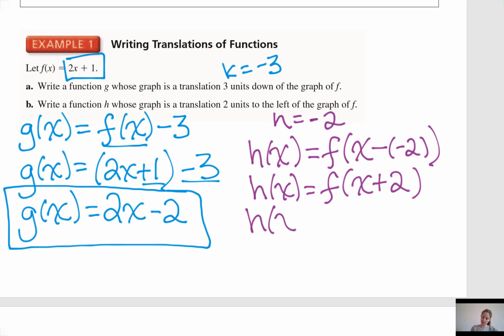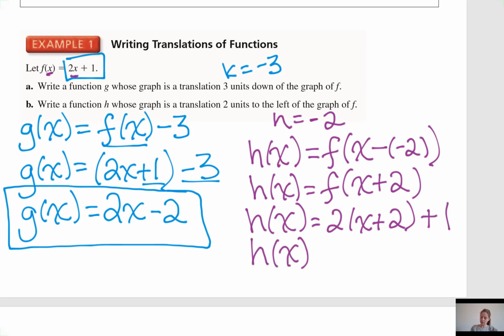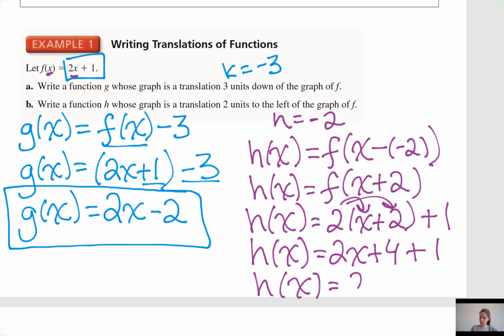And now I'm going to take the original function, but instead of putting an x, I'm putting an x plus 2. So anywhere there is an x, I'm replacing it with x plus 2. And now I can distribute this 2, and I get 2x plus 4 plus 1, and h of x equals 2x plus 5.